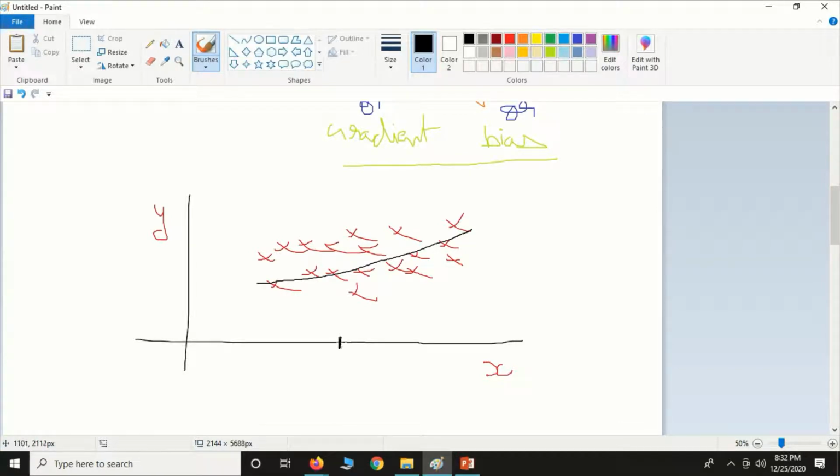After fitting, suppose I want to find the value for x. What is the prediction? From that point of x, a dotted line will move towards the straight line inside the data. It will touch that line, and from that line it will go to the corresponding y-axis. Going to the corresponding y-axis, we'll find the prediction, that is, the y value.